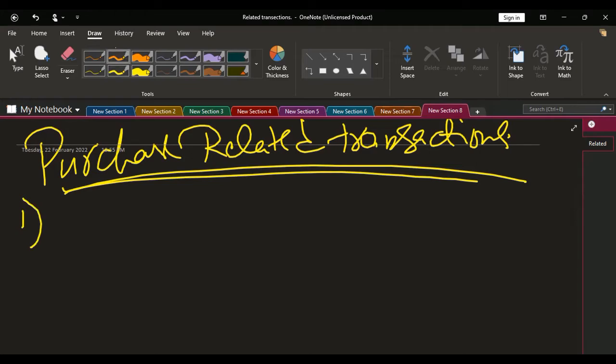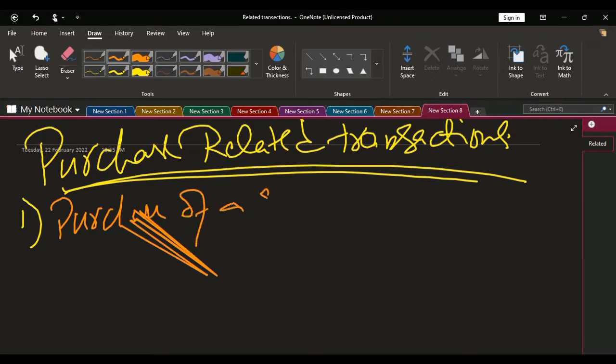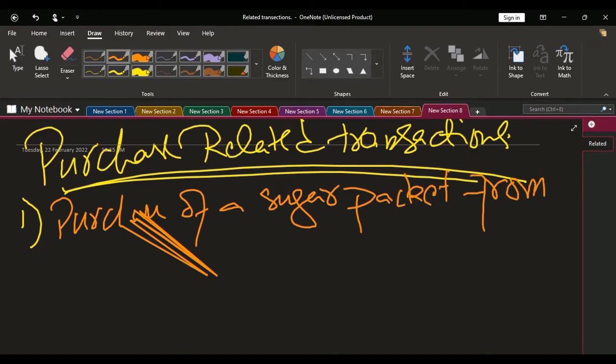Purchase of a sugar packet from Mr. A on cash.